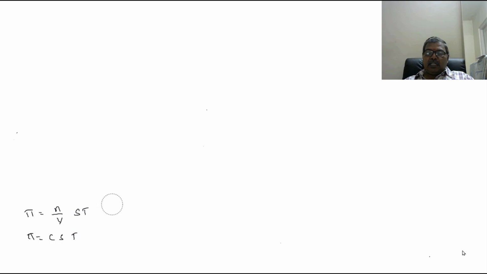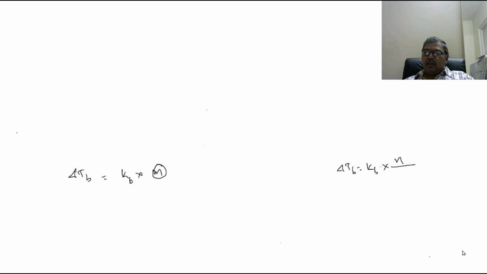Remember, any colligative property: delta T_b is equal to K_b into molality. So what is it here? Delta T_b is equal to K_b into number of moles of solute by weight of the solvent in kg. Similarly, delta T_f is equal to K_f into number of moles by weight of the solvent in kg.